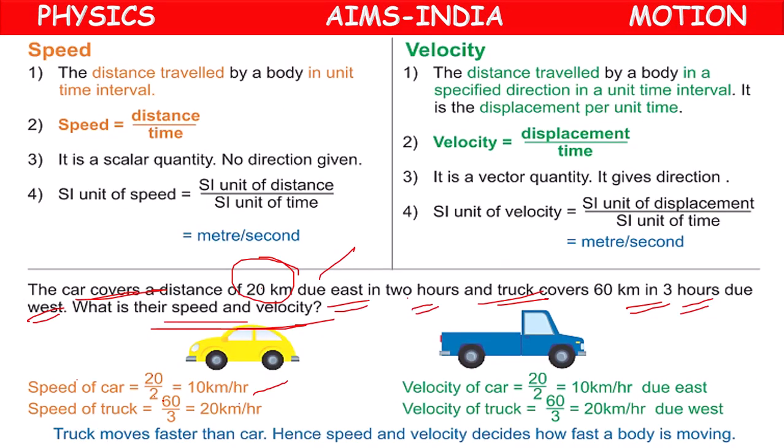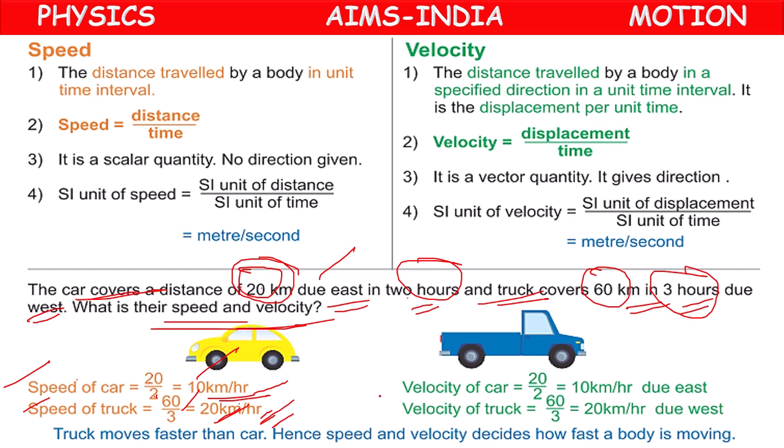Speed of truck, 60 by 3, 20 km per hour, because 60 km it covered in 3 hours. So speed of car is 10 km per hour. Speed of truck is 20 km per hour.